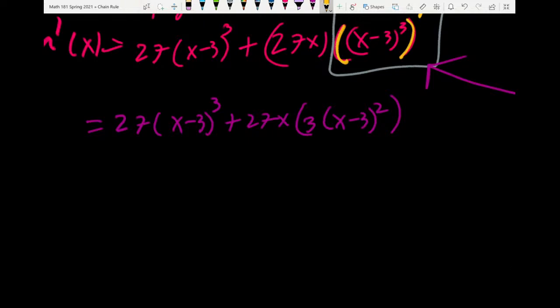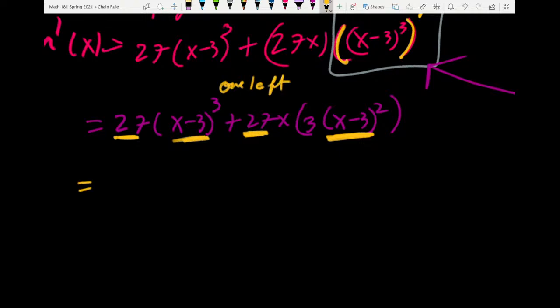What can we factor out to make my life easier? I can factor out 27 from each one. And also I could factor out (x minus 3) squared. You have this 1 left.